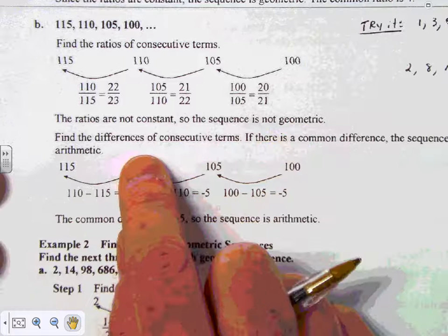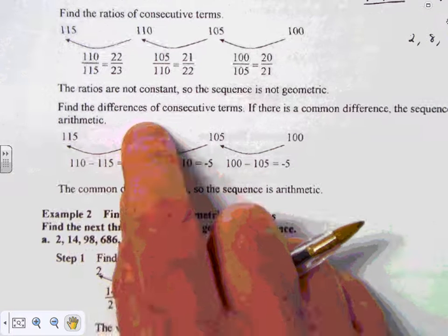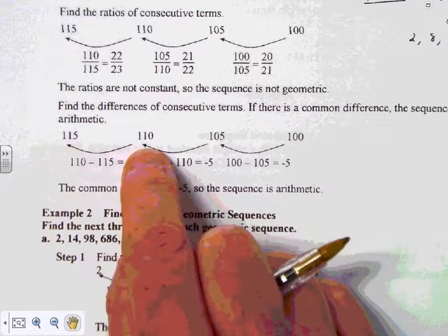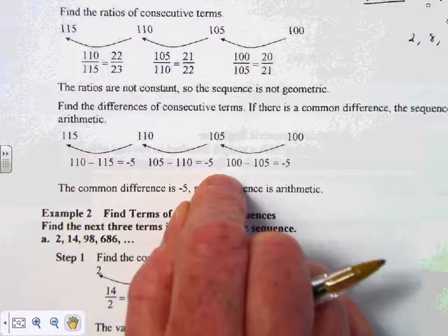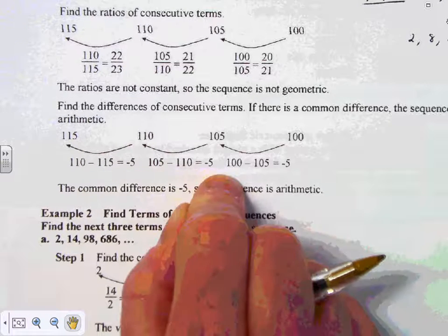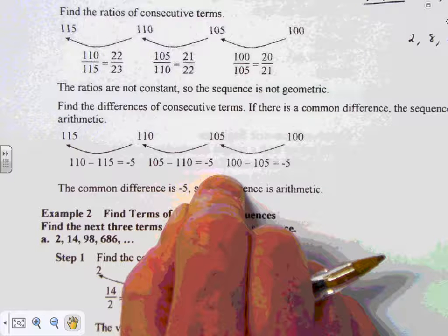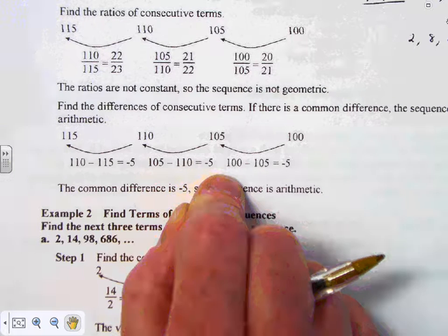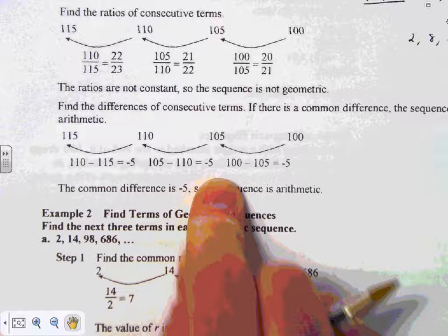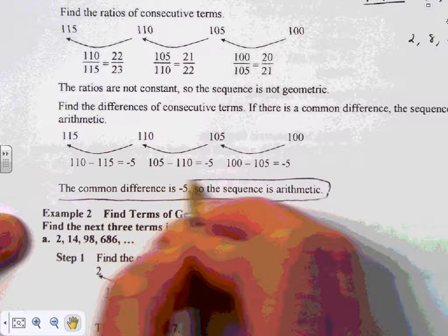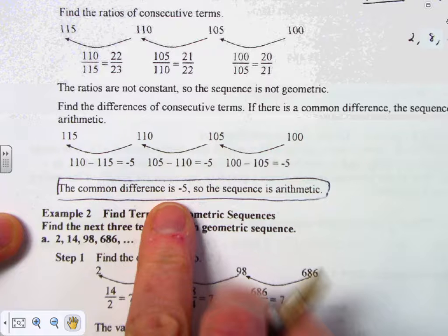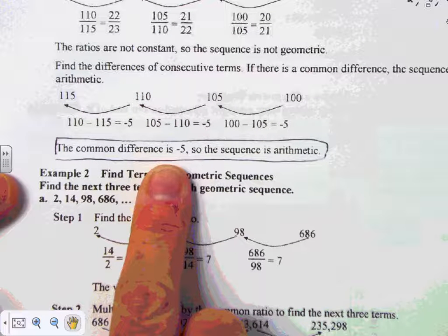So now let's see, am I adding or subtracting something? I'm subtracting, so technically I'm adding a -5 each time, right? So would this be considered an arithmetic sequence, if I'm adding the same amount each time? Yes. Okay. So this is an arithmetic sequence, and the common difference, in other words, what I'm adding each time, is a -5.